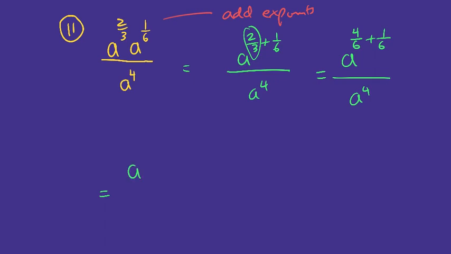So on top, 4/6 plus 1/6 is 5/6. So we added exponents on top. Now we're going to subtract exponents on top.